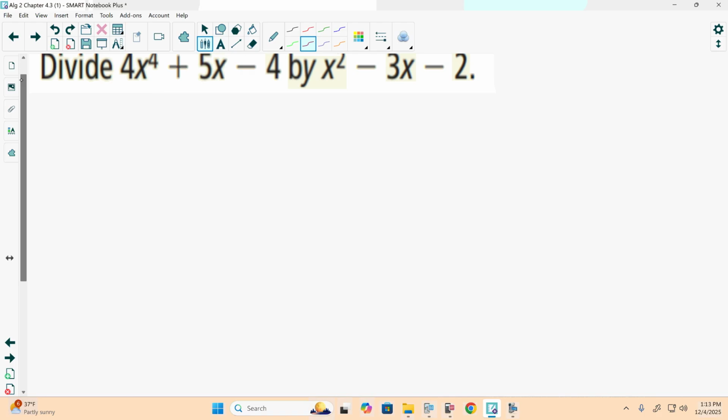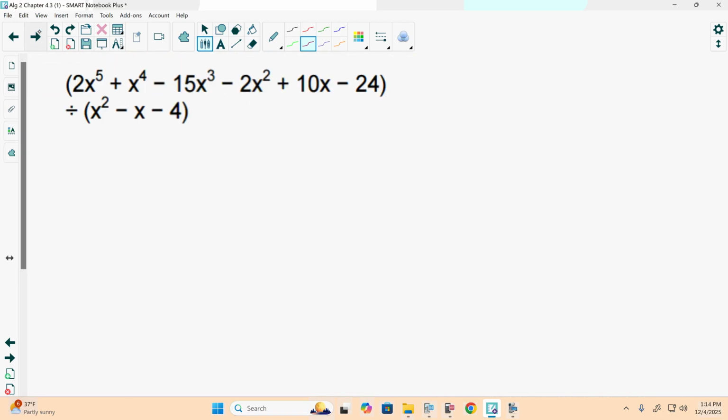So if we feel comfortable, I'm going to jump ahead of you. Because I think we feel comfortable with this, yes? Why don't we jump to D? Second to last problem. 2x to the fifth plus x to the fourth minus 15x cubed minus 2x squared plus 10x minus 24.